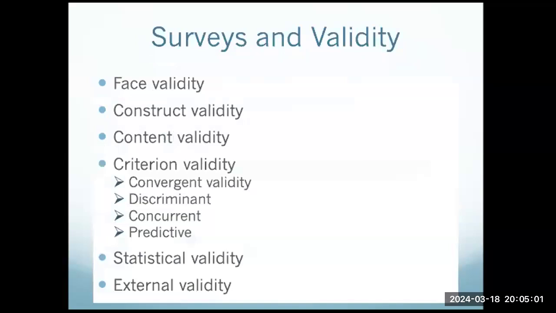In terms of surveys and validity, you want to make sure that as you are composing your questions, you are meeting validity, right? Face validity, that the questions at least appear to the untrained eye to be relevant to what you want to study.